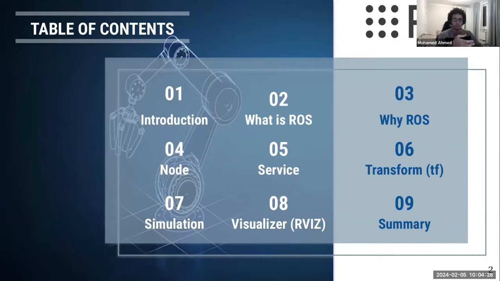It's also very important in robotics in general and in ROS. Then we will see simulators that we can use with ROS, and then the visualizer where we can see the sensor messages or messages that we define. And then we will wrap everything up and go for questions.